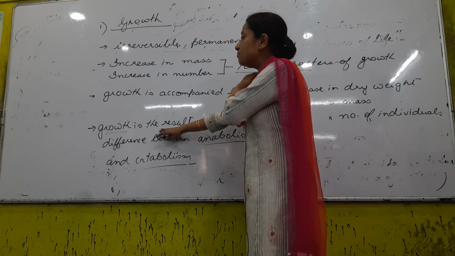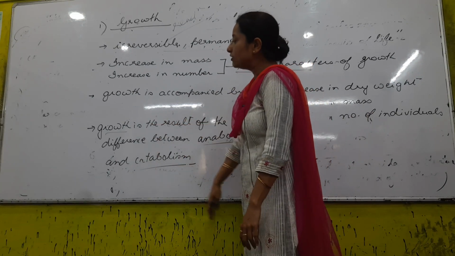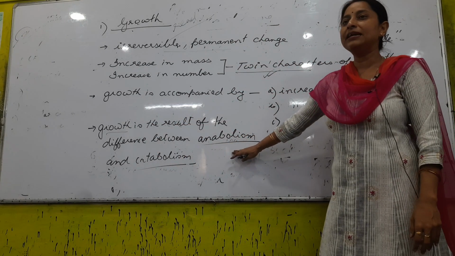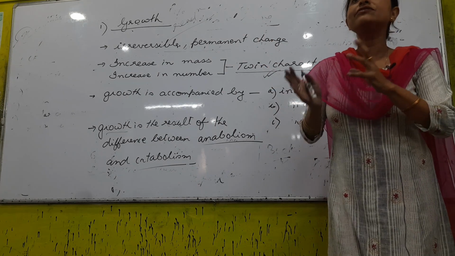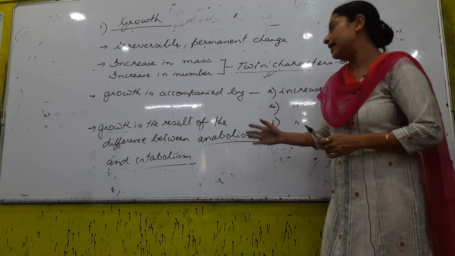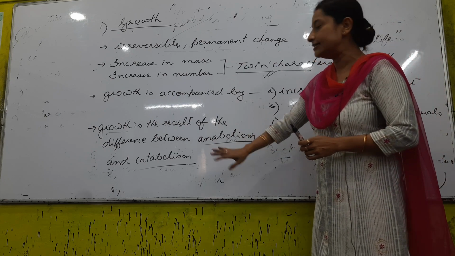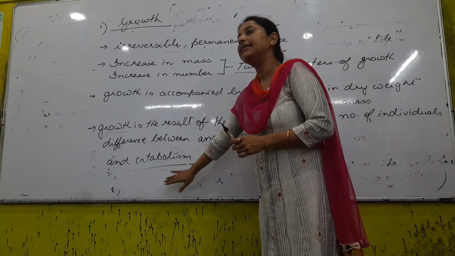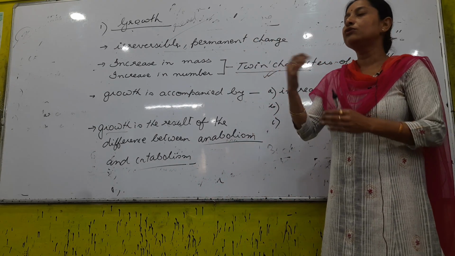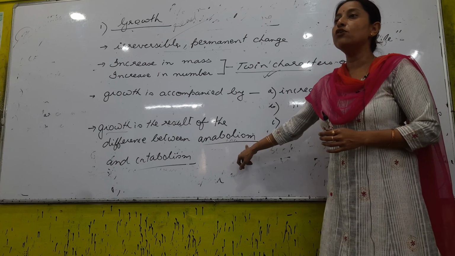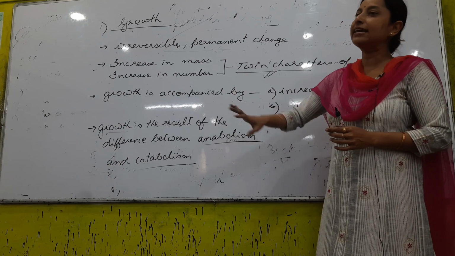For a body to grow, we have to look at how much anabolism there is and how much catabolism. If an organism is growing well, anabolism will be more than catabolism. So good growth is a result of more anabolic reactions as compared to catabolic.